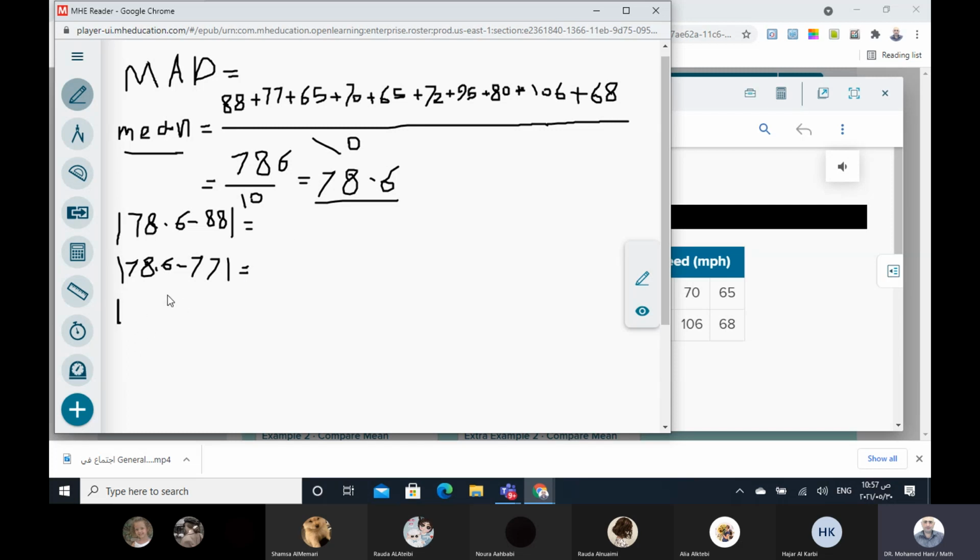Then the third distance will be the mean 78.6 minus 65. Then 78.6 minus 72.